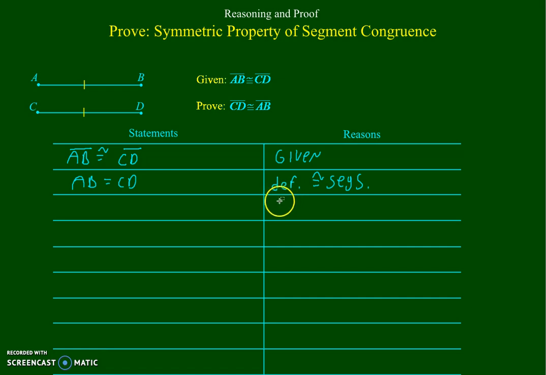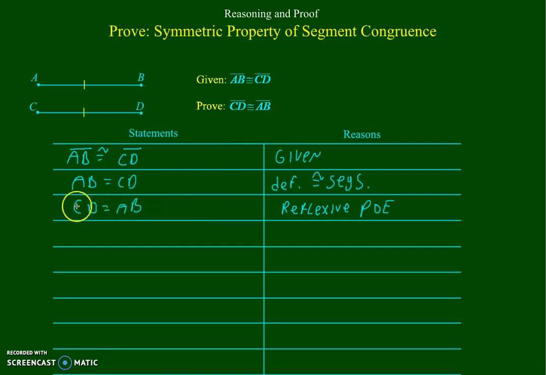So I know that equality is reflexive. So I can swap sides using the reflexive property of equality. And so I stated CD is equal to AB, and the reason I can do that is the reflexive property of equality. Again, these reasons are driving the statements over here.